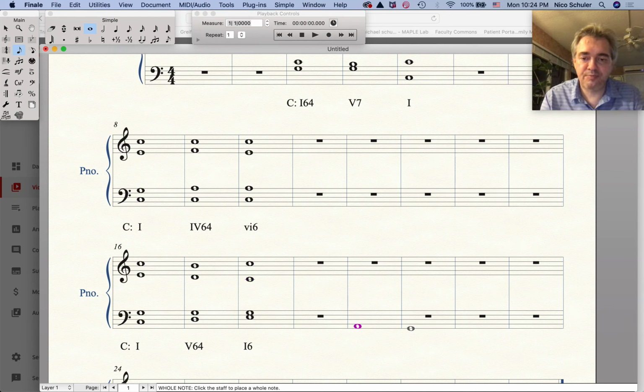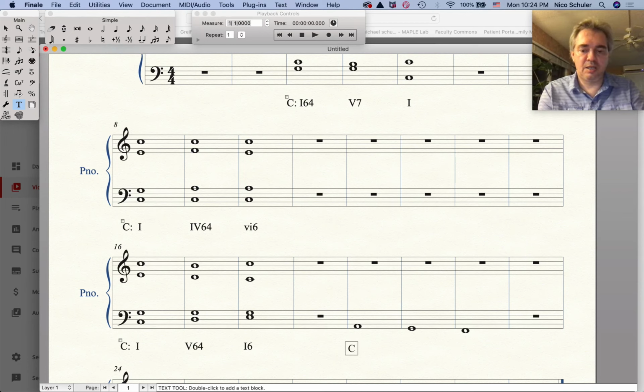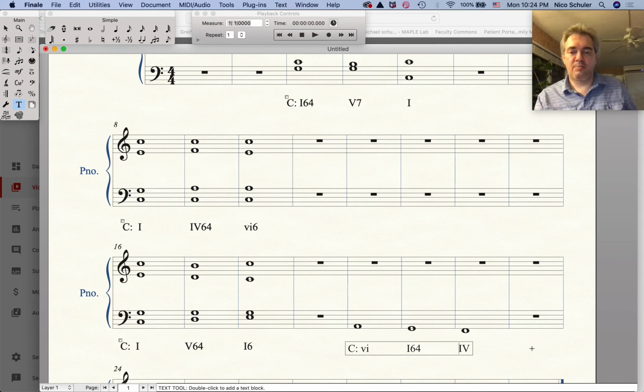But we could also have, for example, A, G, F, and in this case we can have a 6 chord going to 1-6-4 chord going to a 4 chord, and here the tonic chord has lost its harmonic function.